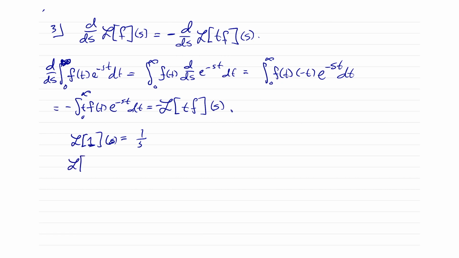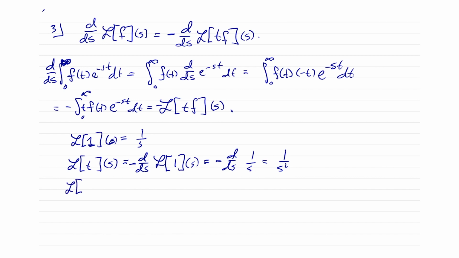Well, if I want the Laplace transform of t of s, I know that this is going to be d by ds of the Laplace transform of 1 evaluated at s, at the cost of a minus sign. So it's going to be minus d by ds of 1 over s, and this is 1 over s squared.